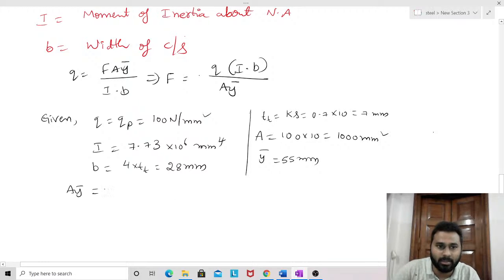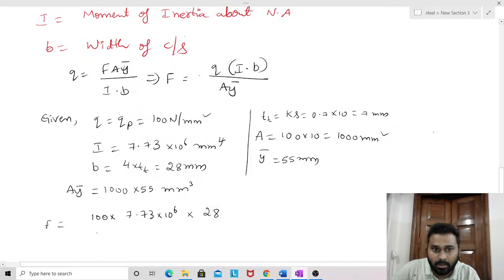Now A y bar is nothing but 1000 into 55 mm cube. Now every term in this formula is known to us to get the shear force. So now F is equal to Q, and Q is 100, the moment of inertia is 7.73 into 10 to the power 6, the width is 28, divided by A y bar. A y bar is 1000 into 55.